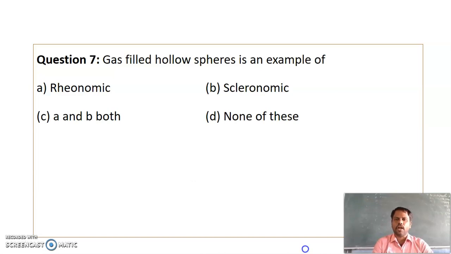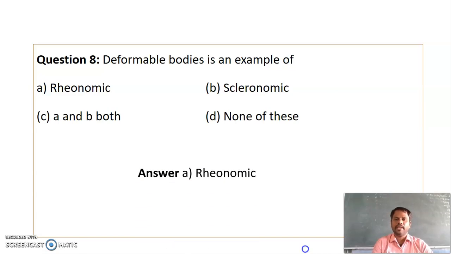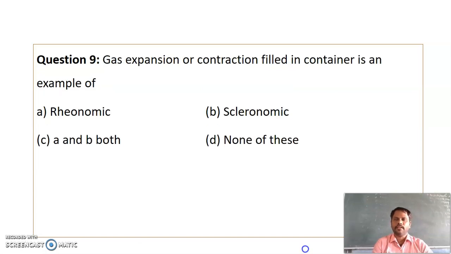Question number 7. A gas-filled hollow sphere is an example of scleronomic constraint. Question number 8. Deformable bodies is an example of rheonomic constraints. Question number 9.